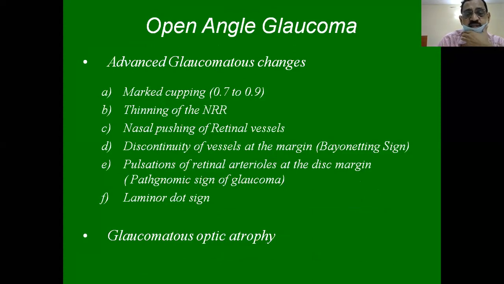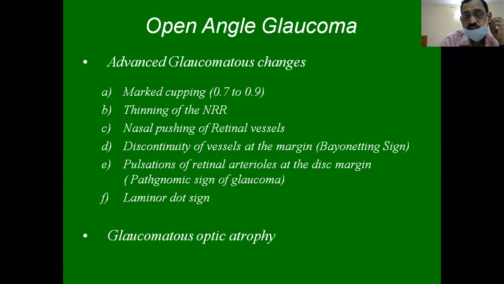Advanced glaucomatous changes: you have marked cupping, 0.7 to 0.9, thinning of the neuroretinal rim, nasal pushing of the retinal vessels, and discontinuation of vessels at the margin, and the violin sign will be present. Pulsations of the retinal arterioles at the disc margin are pathognomonic of glaucoma, and laminar dot sign is another thing.